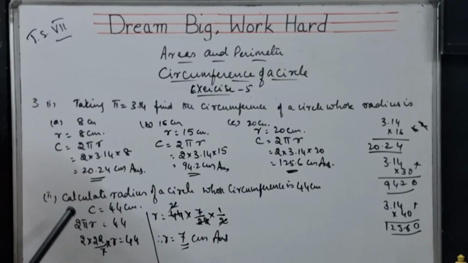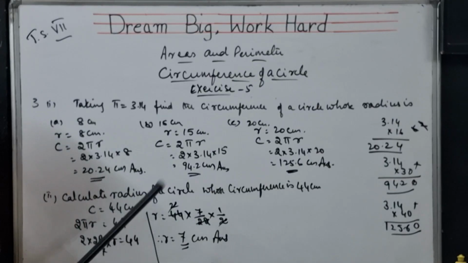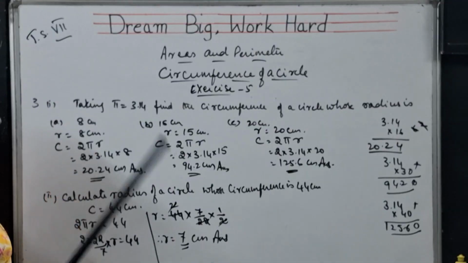These are about the first bit. Second bit, calculate the radius of a circle whose circumference is given 44 centimeters. Circumference is 44 centimeters. Circumference formula is 2 pi r is equal to 44 centimeters. 2 into, I took here pi as 22 by 7 because in this particular bit they have not mentioned to take pi as 3.14.